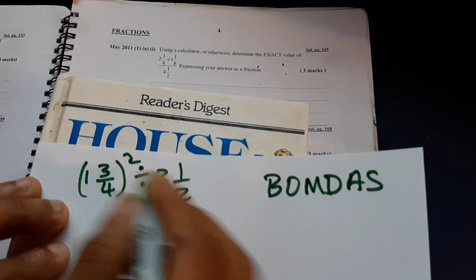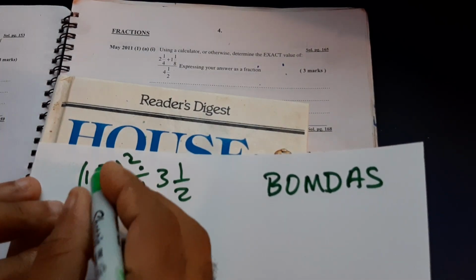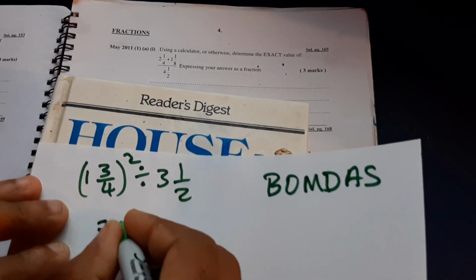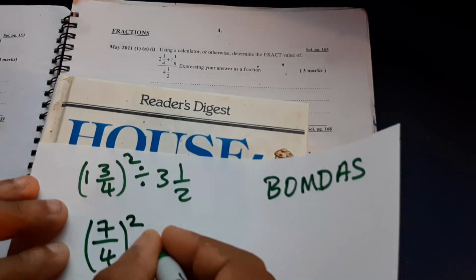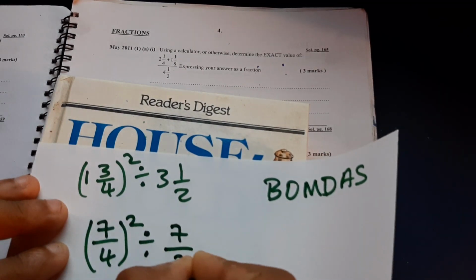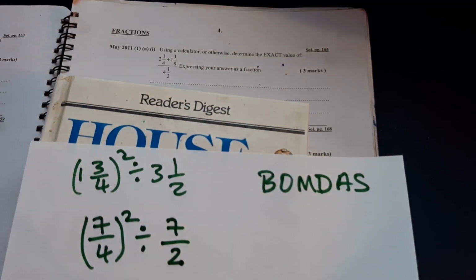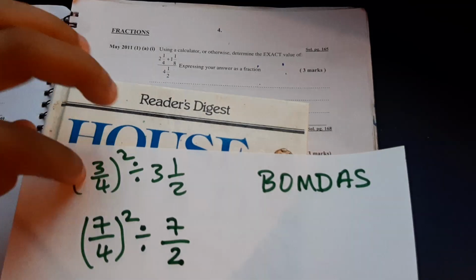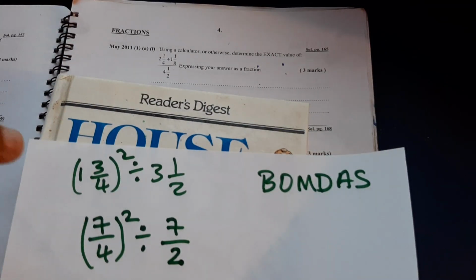So I'm going to change the mixed numbers. 4 plus 3, that's 7 over 4 all squared divided by 7 over 2. Now, why I'm working so fast is because by now you should have some ideas as to how to change from mixed number to improper fraction to mixed number.